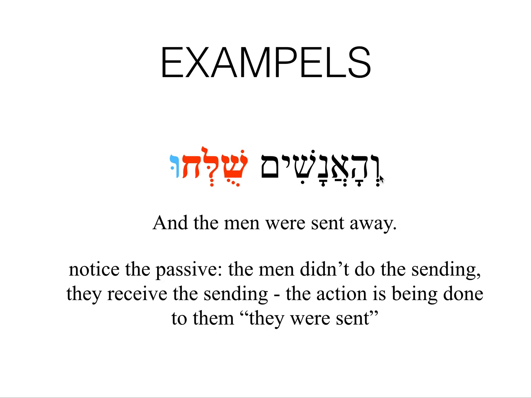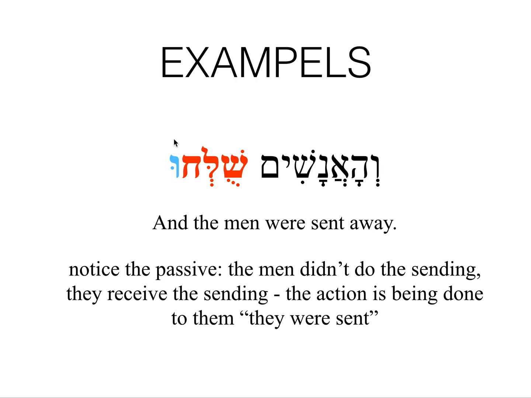The next example, ve'anashim shulchu. So the verb is right here. Again, we have shalach, which means to send. That's your root letters, 3 root letters. U at the end, again, tells us 2 things. First of all, it tells us that it's a perfect, and second of all, it tells us that it is 3rd common plural.